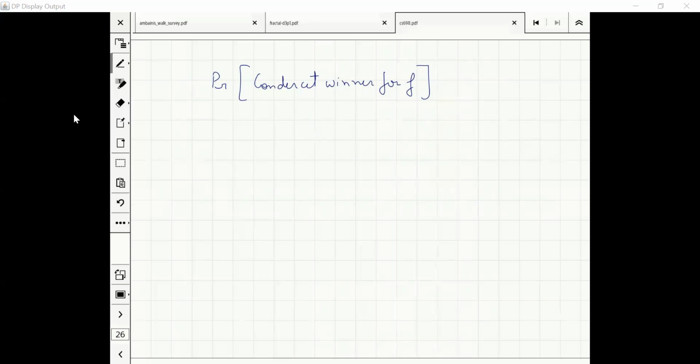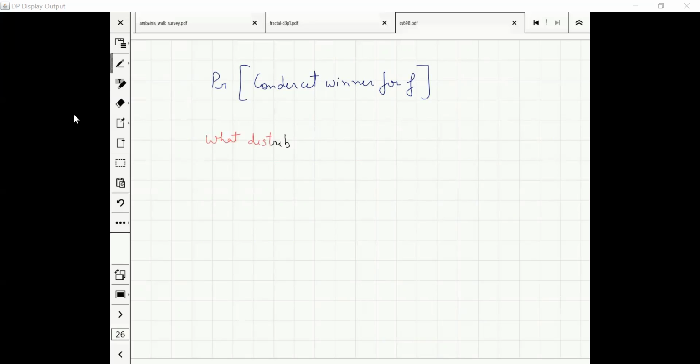If I give you F, and if I give you 3 candidates, the indicator function for the existence of a Condorcet winner. No, that's going to the next step. Before that, there is a more important question, before we make sense of this Condorcet probability. The first question you should ask is what distribution?